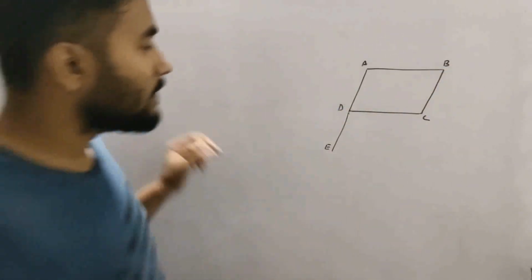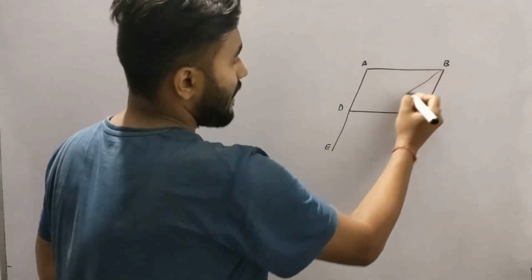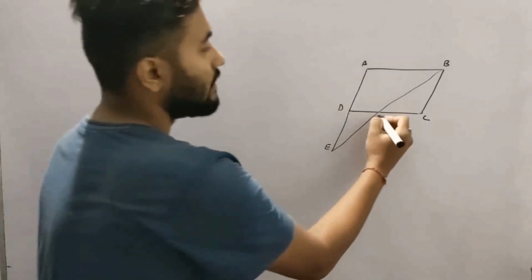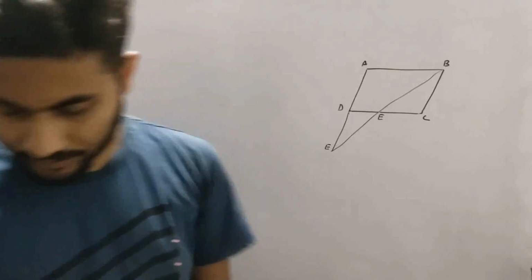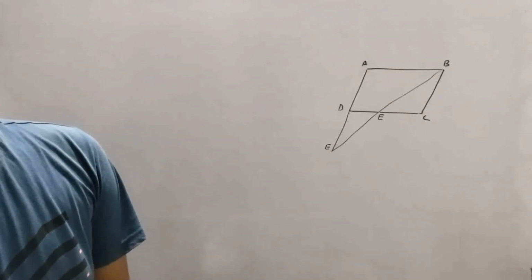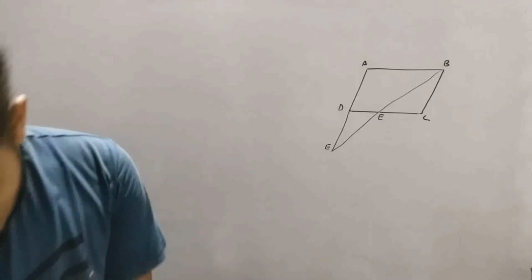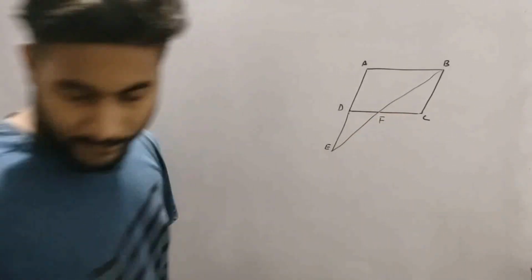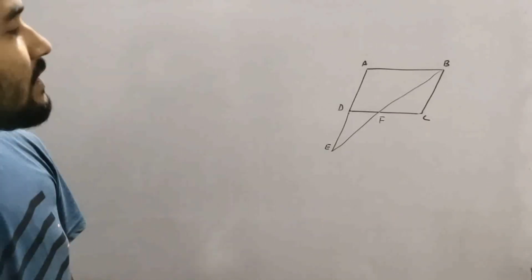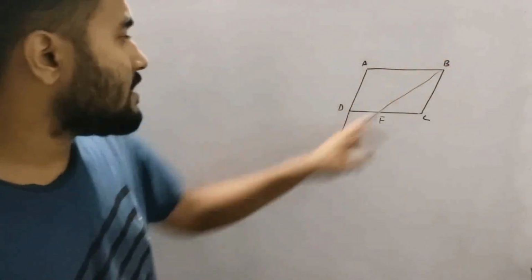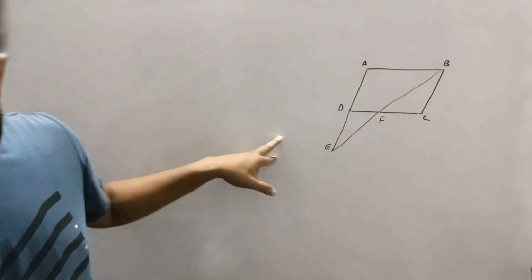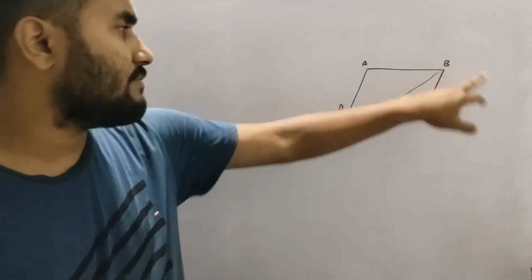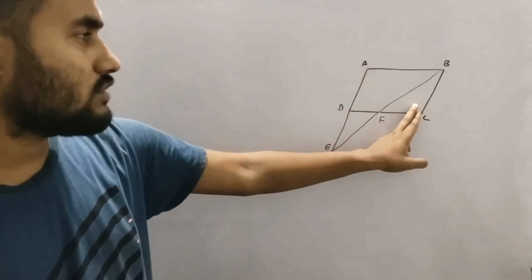So join BE and BE intersects CD at point, sorry, intersects CD at F. This is F. Intersects CD at F. Show that triangle ABE, this long triangle, is similar to triangle CFB. This triangle CFB. This triangle you have to show similar to this triangle.